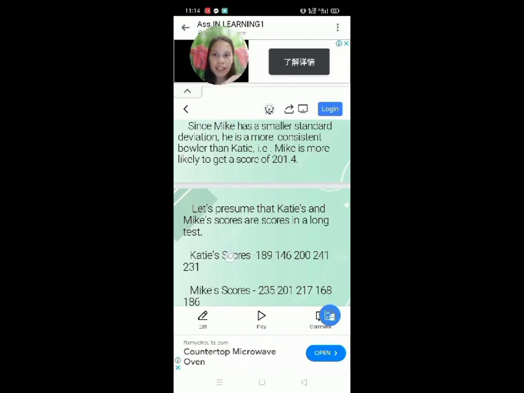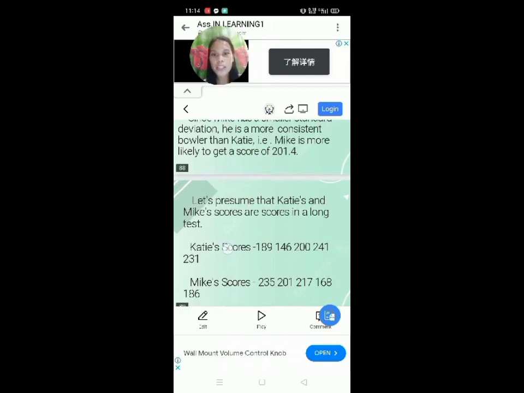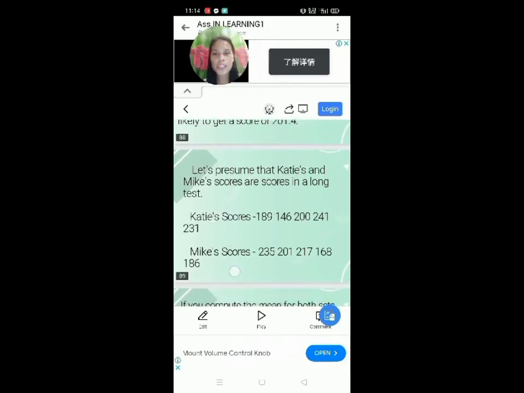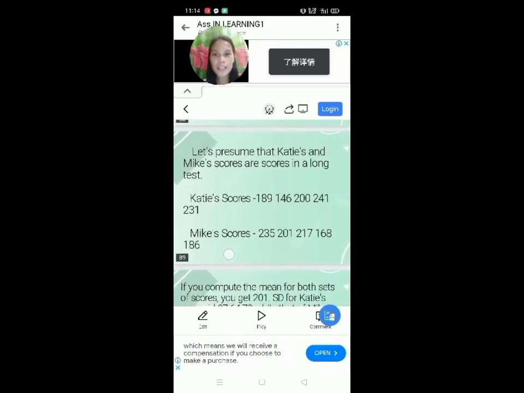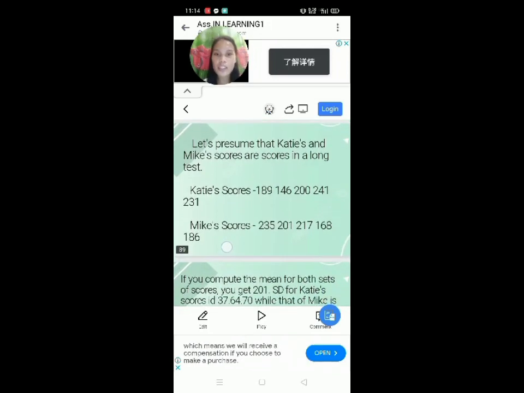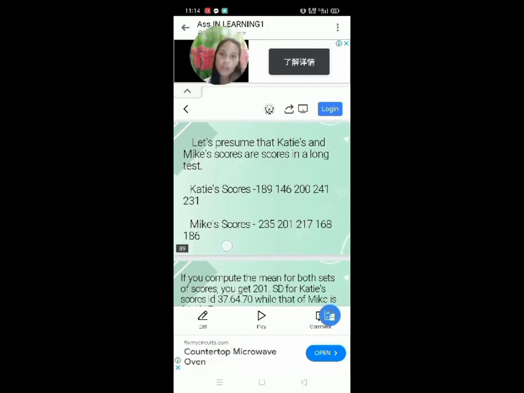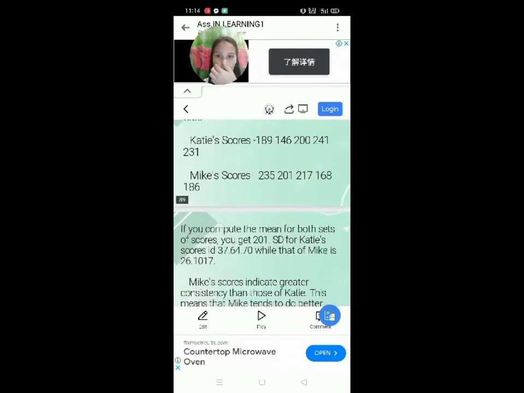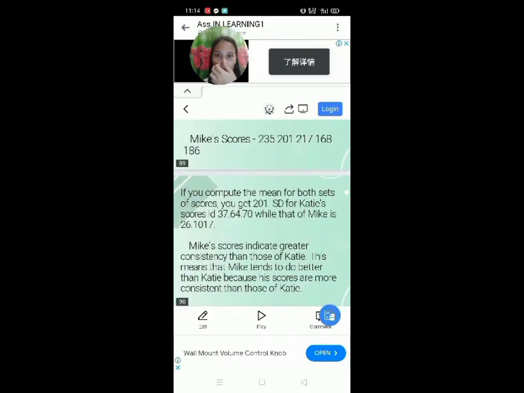So Mike is more likely to get a score of 201.4. Let's presume that Kitty's and Mike's scores are scores in a long test. If you compute the mean of both sets of scores, you get 201.